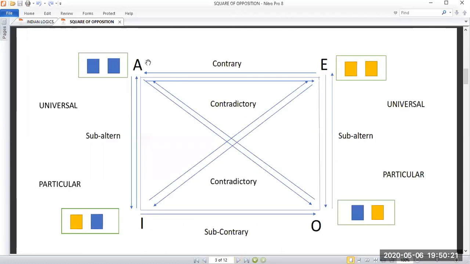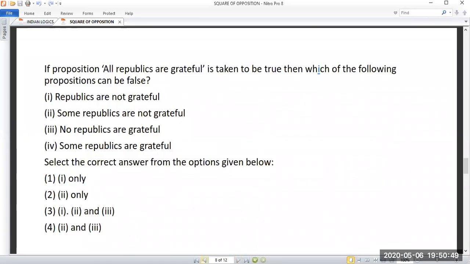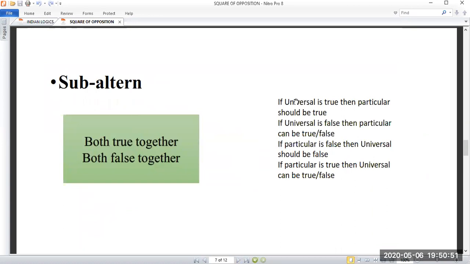Okay, subaltern. So these both are called as subaltern because both have similar features, like one is universal and one is particular. Here also E is universal and O is particular. So if we check with the example, if universal is true, then particular should be true.